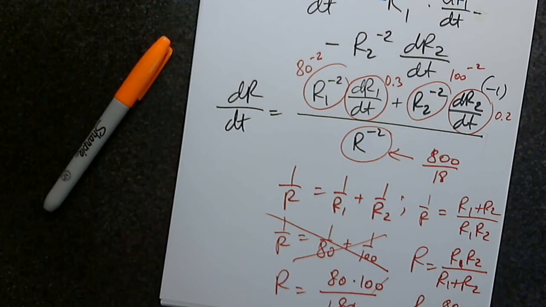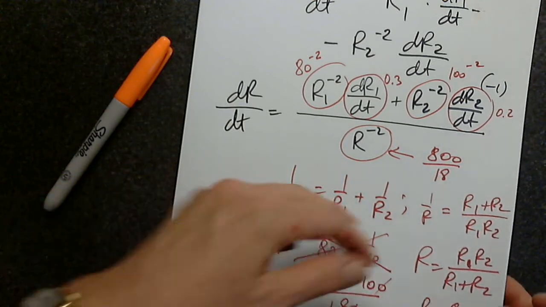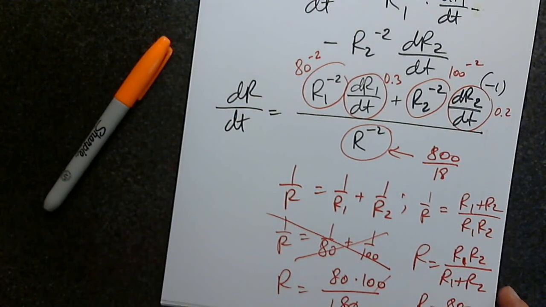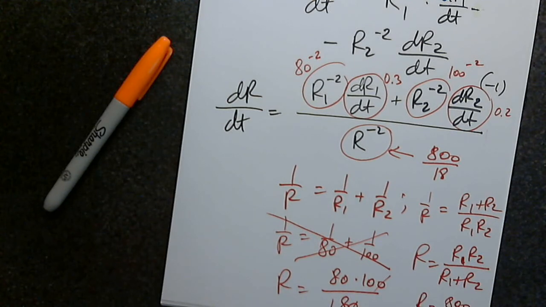Okay, so I got... sorry, 800 divided by 18. Yes. Oh, I forgot the -2. Yes, thank you. See, that's me. I had to forget something.